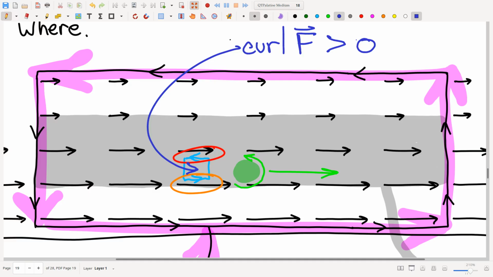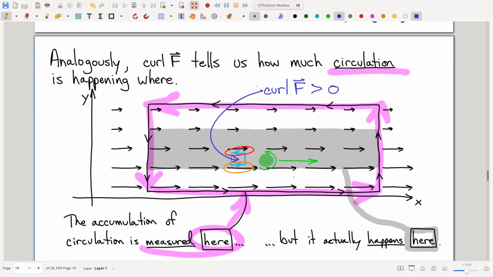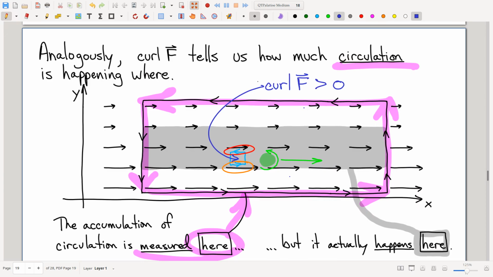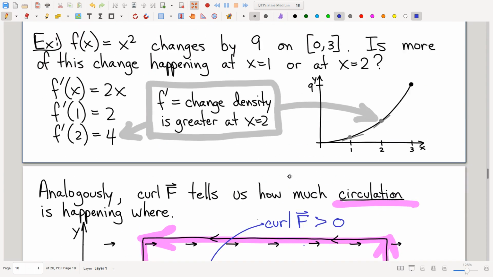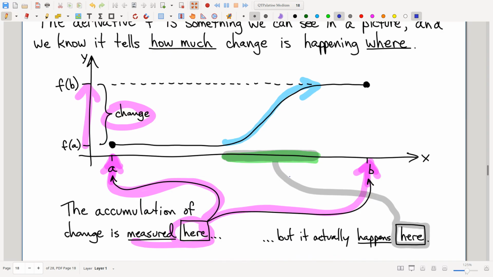If we had a formula for this vector field, and you computed the curl of that formula, it would be positive, and that positive curl points to where some of the circulation that you've measured around the boundary is happening. So that's the idea. Hopefully this helps you digest the idea that things computed on the boundary are actually coming from the interior, just like we saw here.